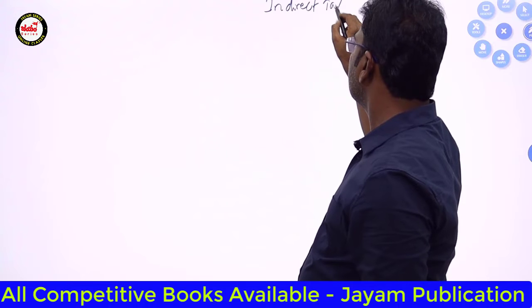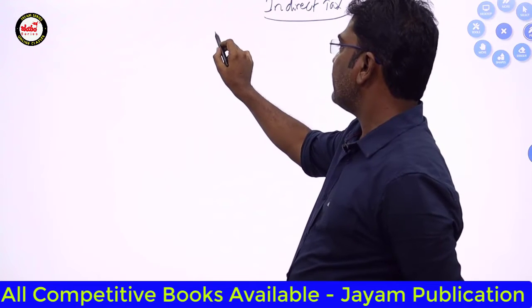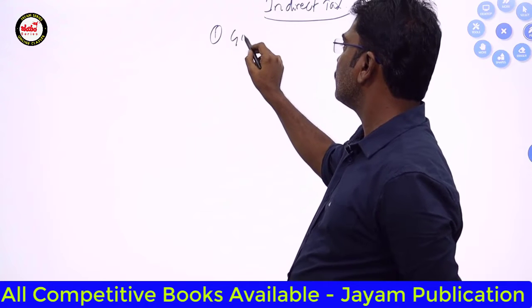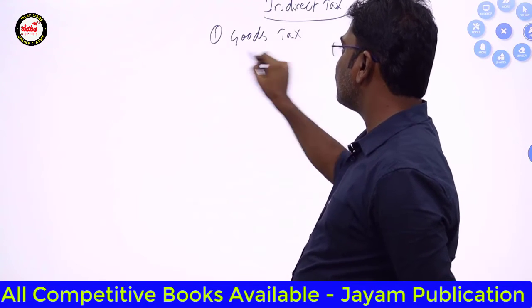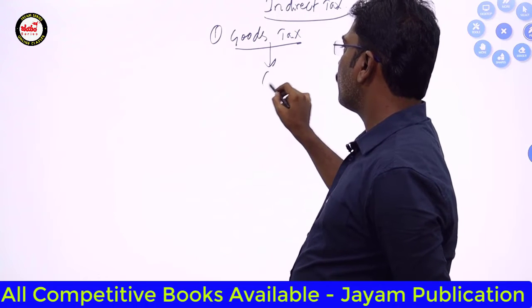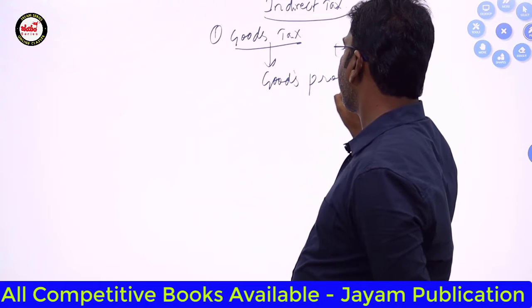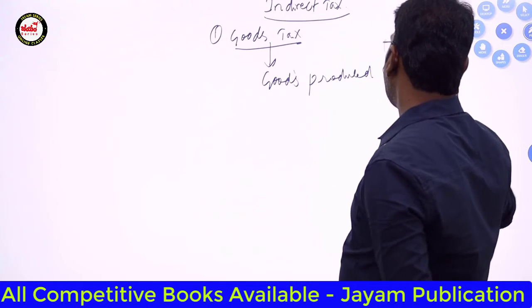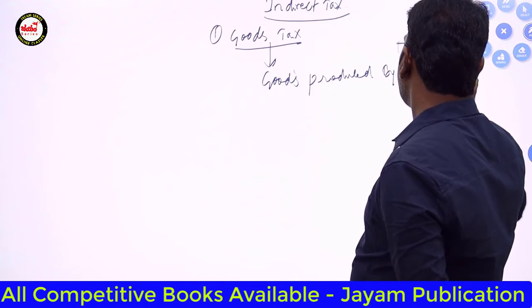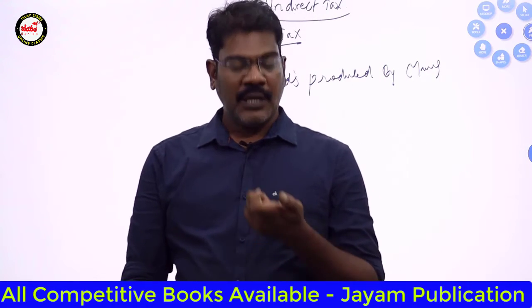Indirect taxes. Indirect tax means, the best example, the first one is goods tax. Goods tax is the tax which is levied on the goods which are produced by a company or manufacturer. Are you clear? But here you try to remember one thing.